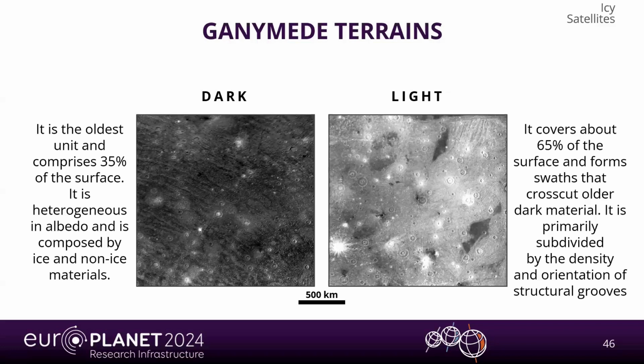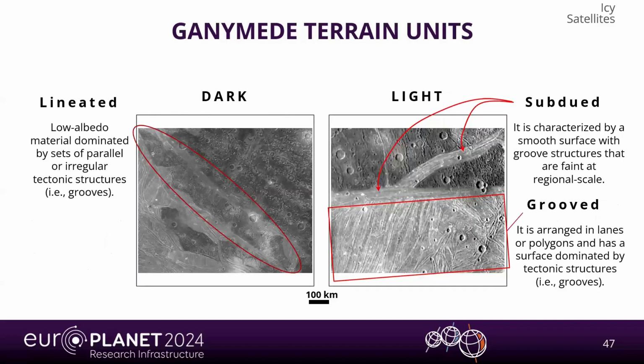And so both terrains are subdivided into units. The dark is subdivided into the dark cratered unit, lineated unit, and undivided unit. Here is shown an example of lineated unit that always occurs adjacent to light terrains and often shares similar characteristics and a common structural fabric with the light terrain units.